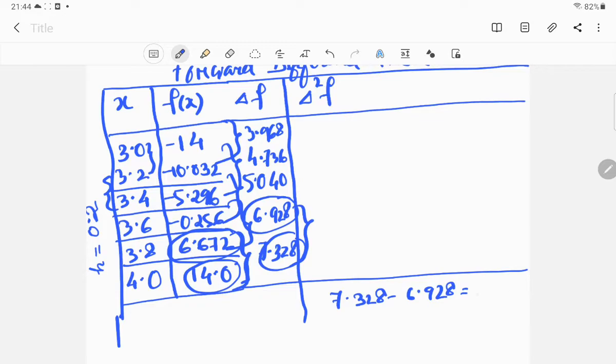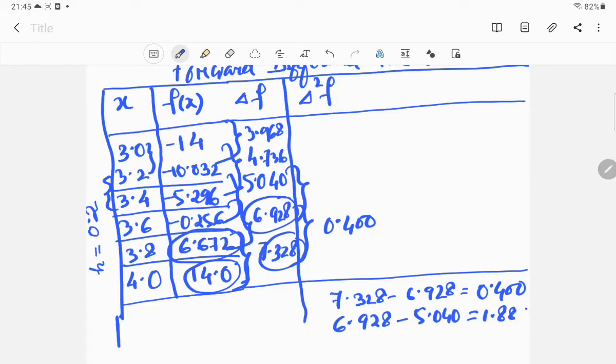You can check the values using a calculator. Next we need the difference between 6.928 and 5.040, which is almost 1.888. Then the difference between 5.040 and 4.736 comes out to be 0.304.